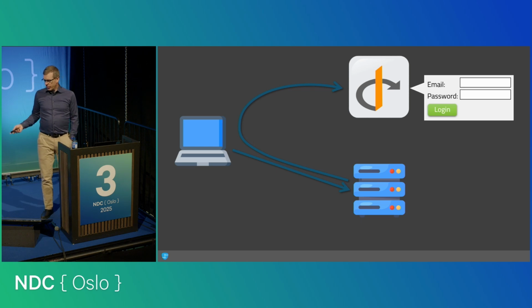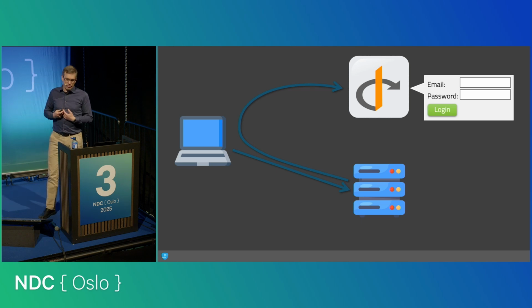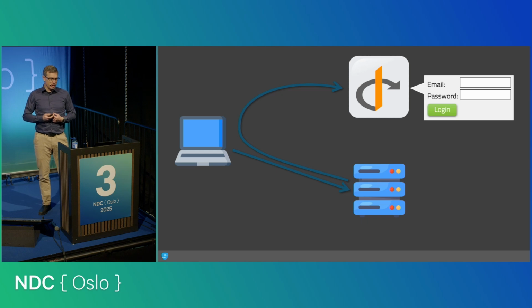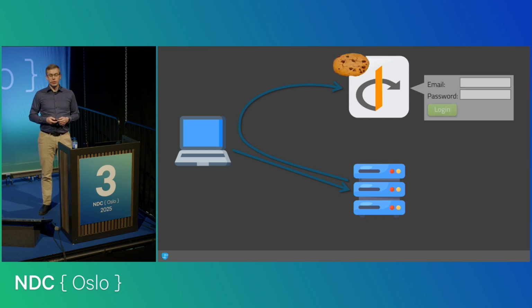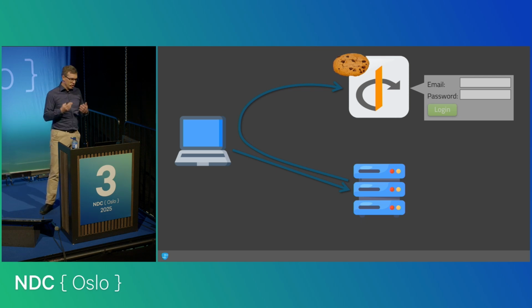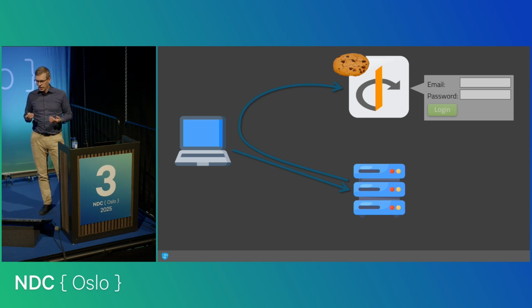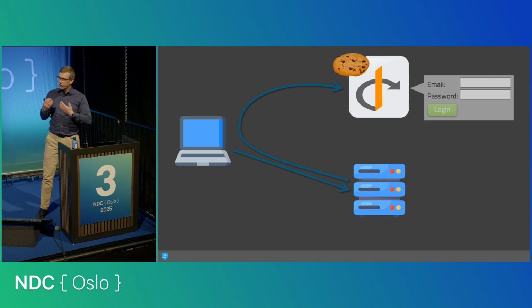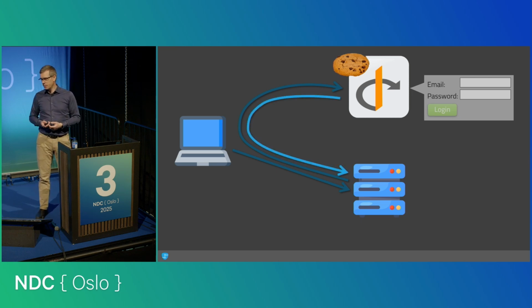Once the OpenID provider is happy and has established the identity of the user, the OpenID provider will set a cookie on the provider, or some other kind of local storage, session storage, something to establish a session on the provider. And we are then redirected back.